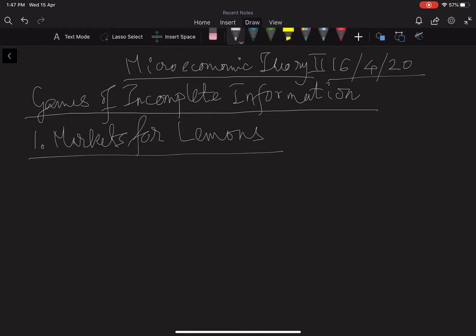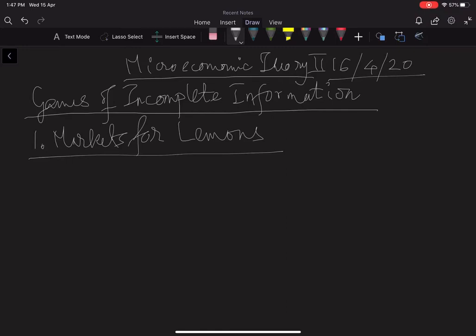Market for lemons is a nice context to apply Bayes-Nash equilibrium and the concepts of incomplete information games, because it is a context where one side suffers from a lack of information about the other side of the market. We are interested in understanding trades in used car markets, right?